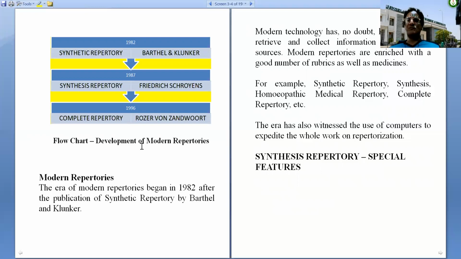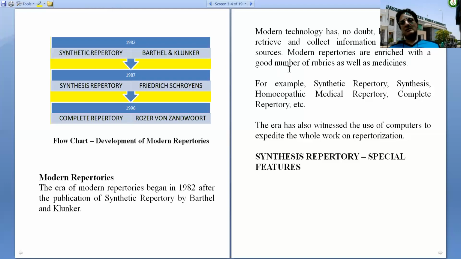So what is the utility of modern repertories? You know it very well. It gives us all the available data in a very comprehensible way, as well as all the modern terminology: the clinical rubrics, the pathological rubrics, rubrics according to lab diagnosis in the repertorial data, which we can select.